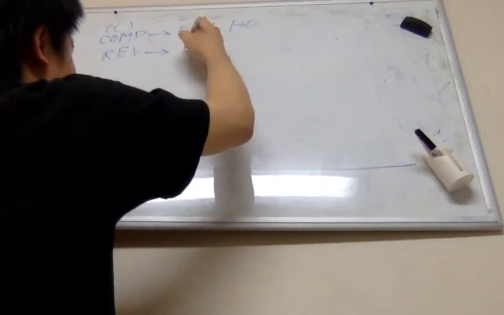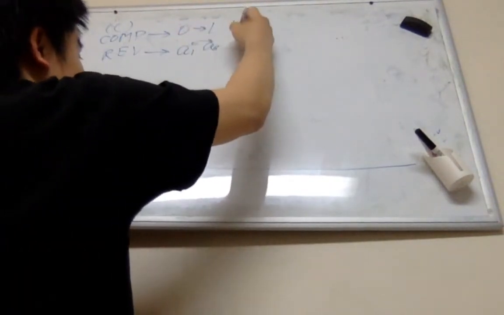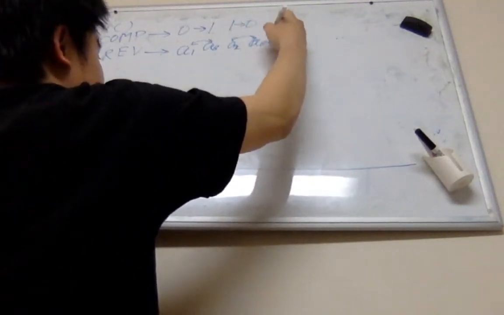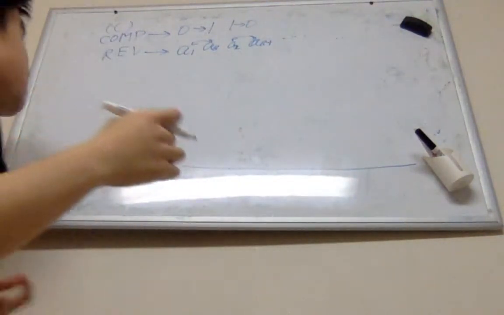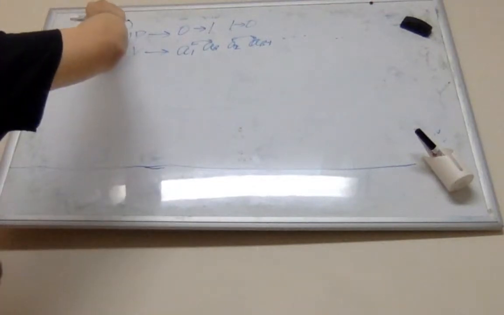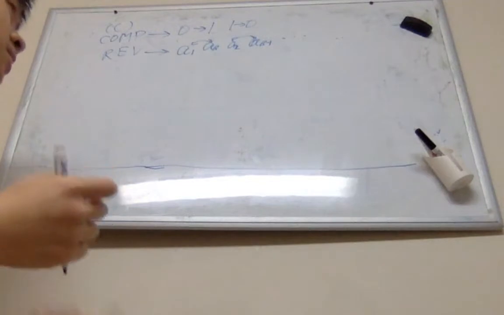So the first one interchanges with the last one, the second one interchanges with the second last, and so on. Either combination can happen, meaning that this may or may not happen, and this may or may not happen. So there are four possibilities.